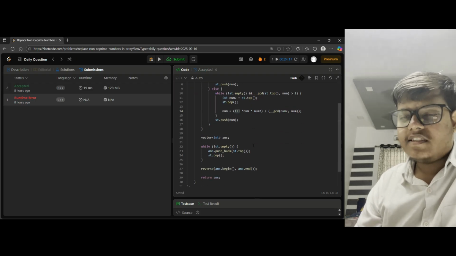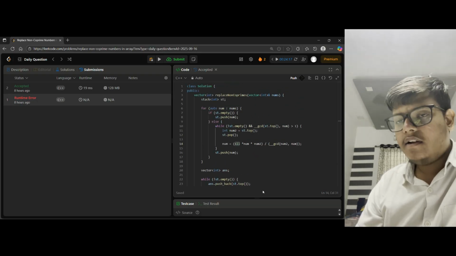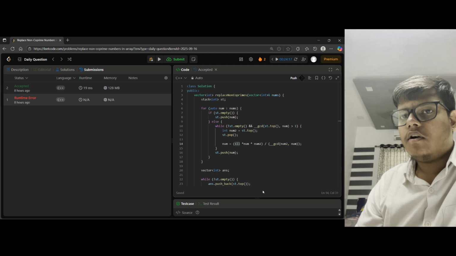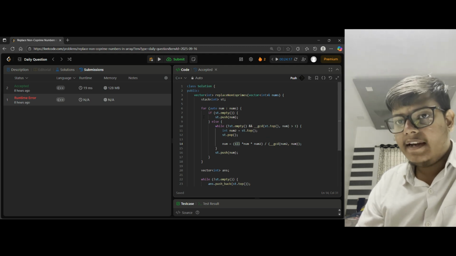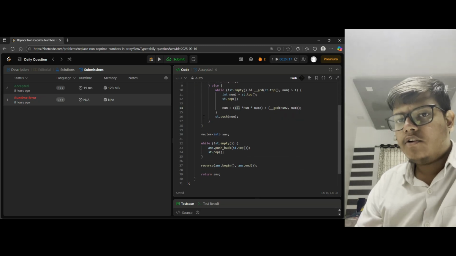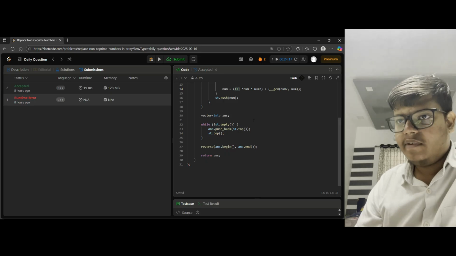And for space complexity, we are maintaining a stack, so it will be order of n auxiliary space. We are not including the answer vector in the auxiliary space, right?